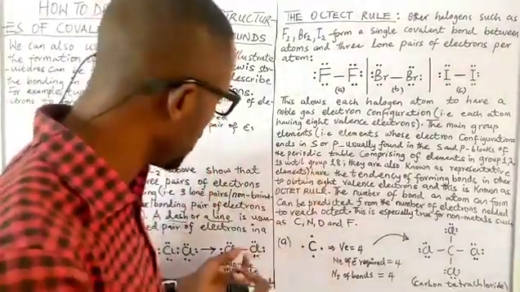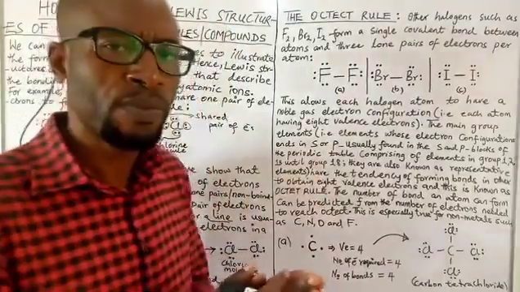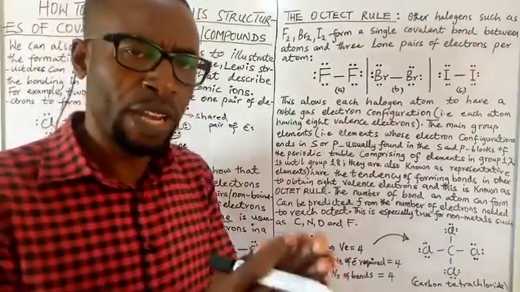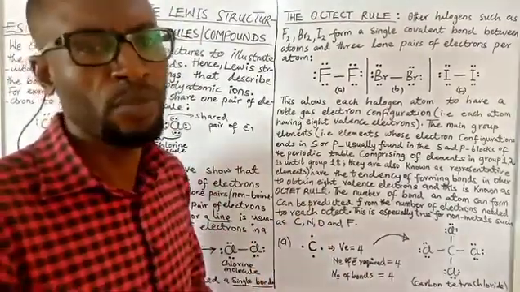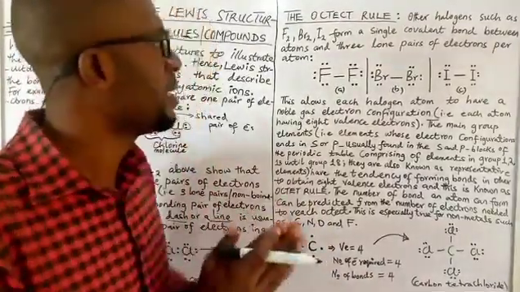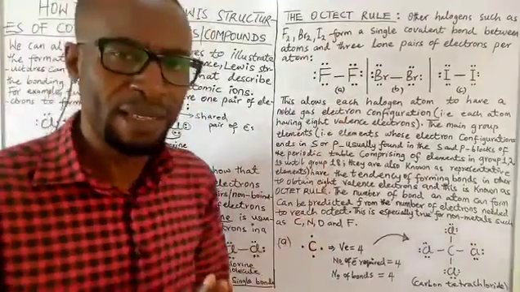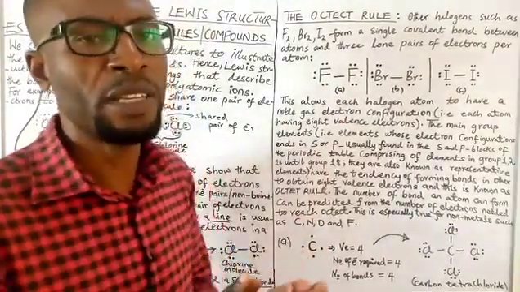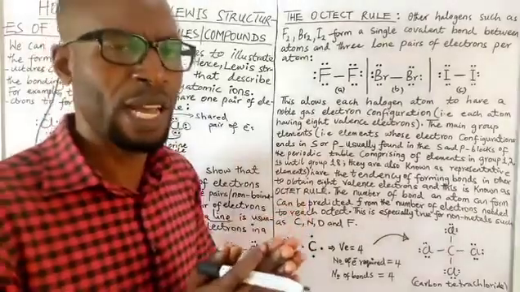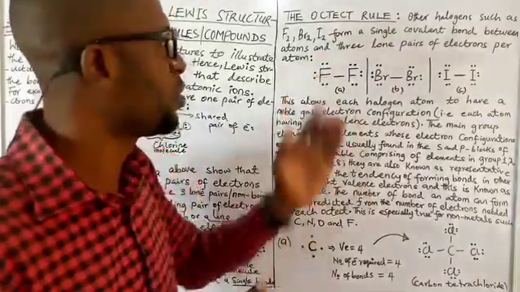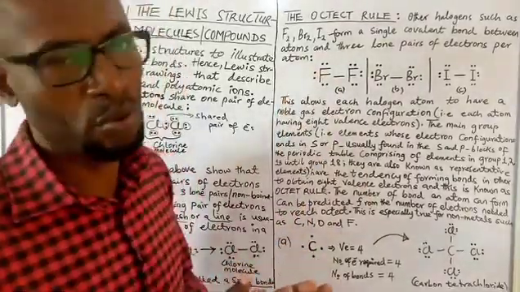In the same way that a chlorine atom can combine with another chlorine atom to make chlorine gas, all other members of the halogen family react with each other the same way to make diatomic molecules too.